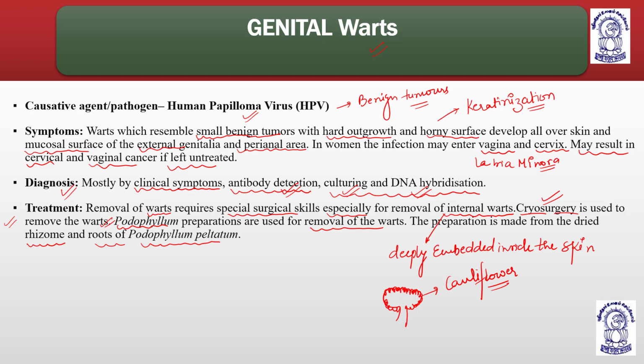It mainly affects the external genitalia and the perianal area, and that is why it is considered to be an STD. Humans may suffer from vaginal or cervical cancers if it is left untreated. Okay, is that understood?